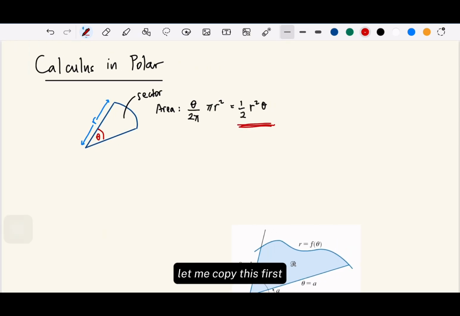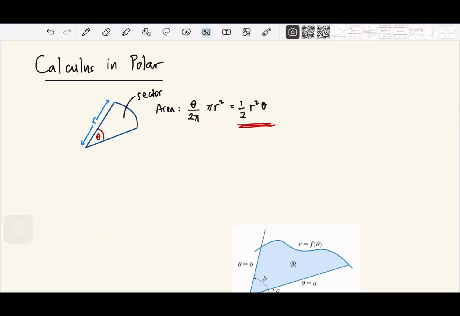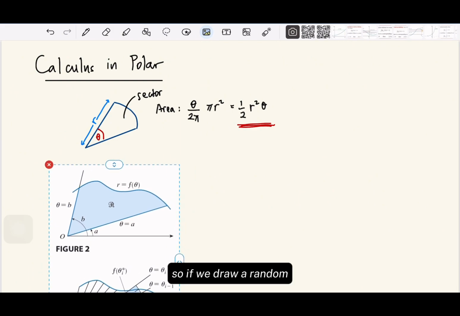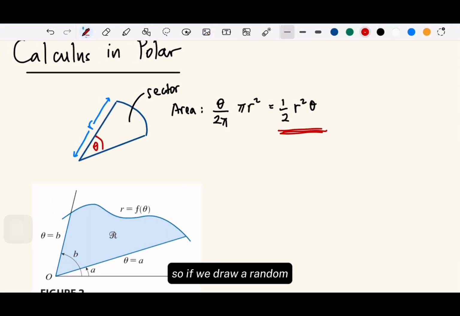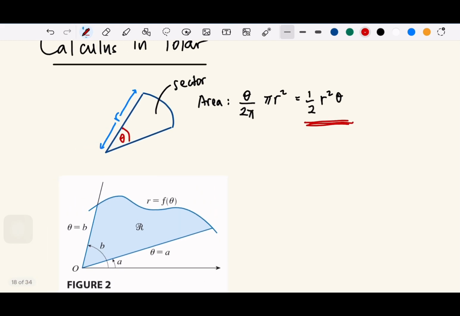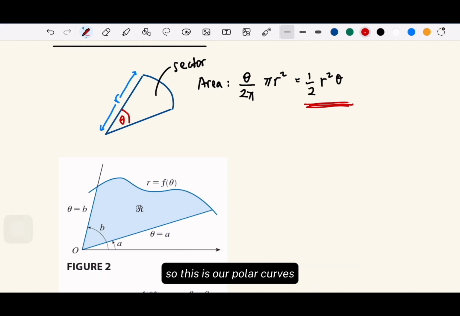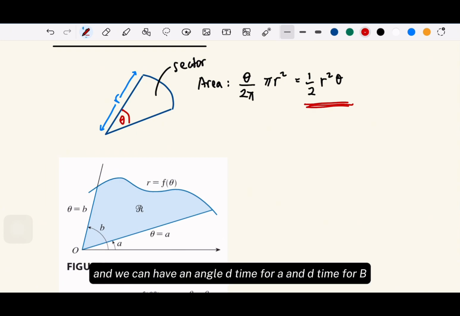Let me copy this first. Maybe move this a little bit to here. Okay, so if we draw a random polar curve like this, r equal function of theta, so this is our polar curve, and imagine that this is the polar axis. And we can have an angle theta equal a and theta equal b.